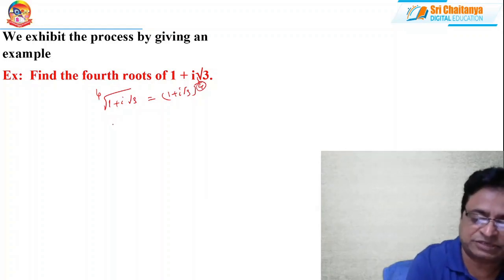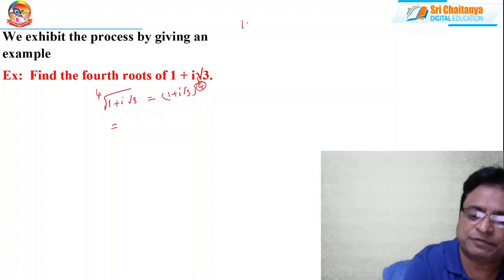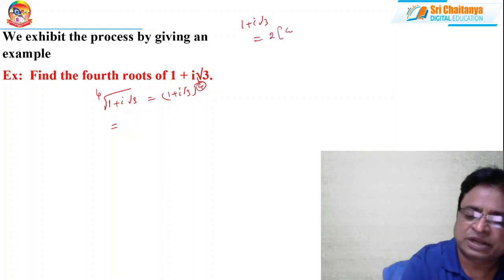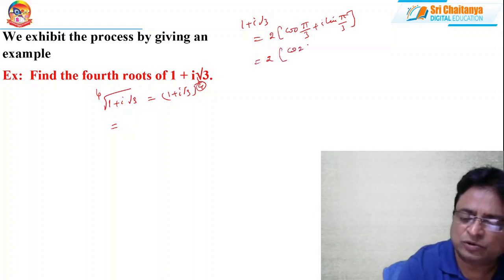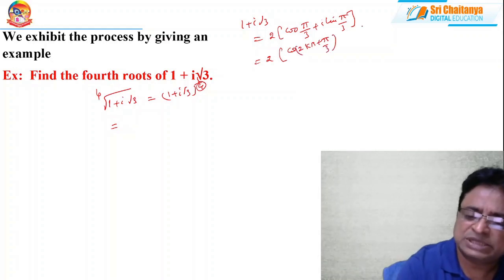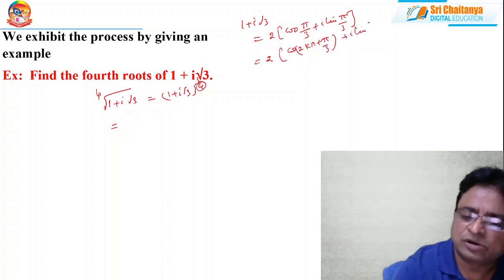How to extract them? As per the process, first you write this in modulus amplitude form. So 1 plus i root 3, I can write it as 2 into cos pi by 3 plus i sin pi by 3, since tan is root 3. Now add 2k pi: cos of 2k pi plus pi by 3 plus i sin of 2k pi plus pi by 3.